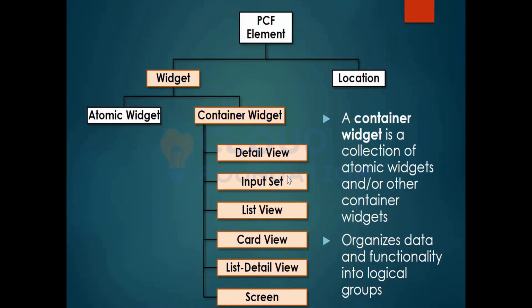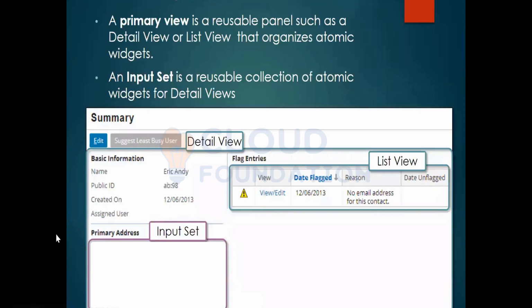These are the primary containers: detail view, input set, list view. Detail views, list detail views, card view, screen and page are all secondary containers. You can see the example of a detail view with a list view and input set here, the address. Here we are referring to an input set we might have created somewhere in another PCF file, and we are referencing it in the detail view.